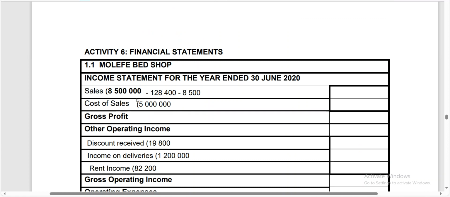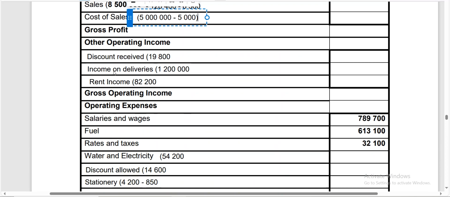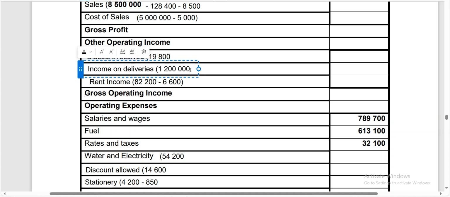So remember, here, there's 5,000. We were supposed to subtract 5,000, remember, of the return bed. I calculated it, I don't know, the software did not save it here. And then here on 82,200, we said we will subtract 6,600. And on the fee income, the income on deliveries, we said we will minus the 300.